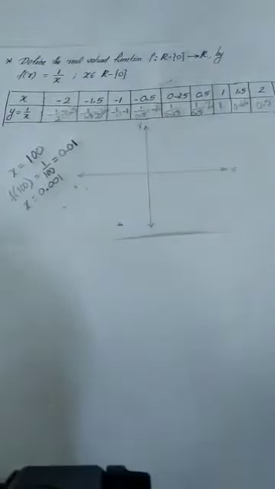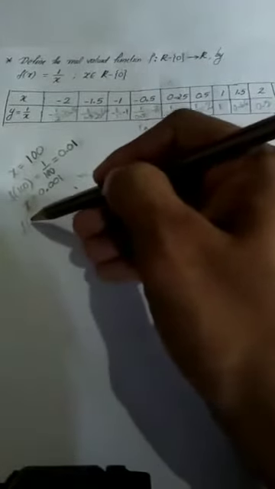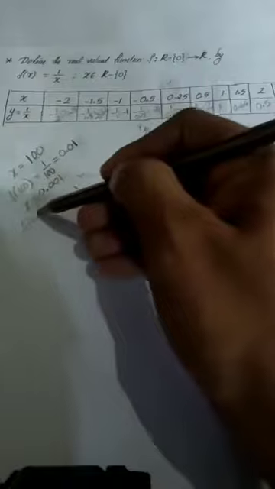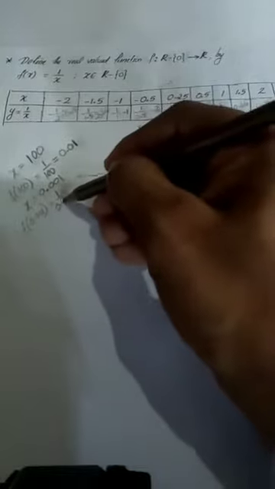0.001, x is a small number, 0.001, then what is the image of this x? f of 0.001 is equal to 1 by 0.001. What is that?